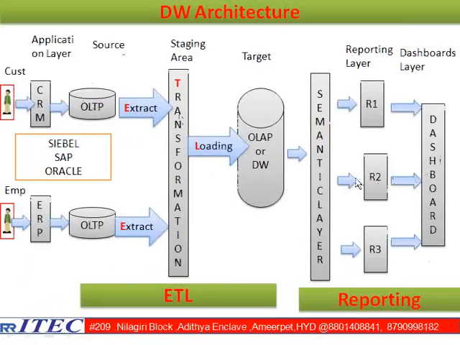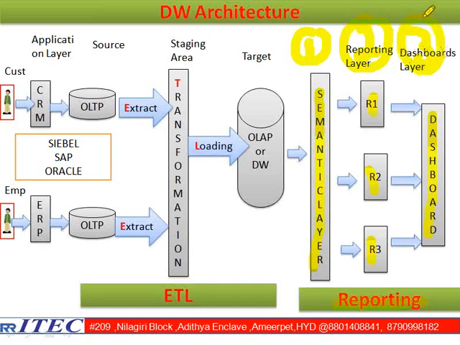That layer is known as the semantic layer, followed by N number of reports, and then followed by the dashboard. So as a reporting person, mainly you need to do three activities: number one is semantic layer development, number two is reports development, and number three is dashboards development.